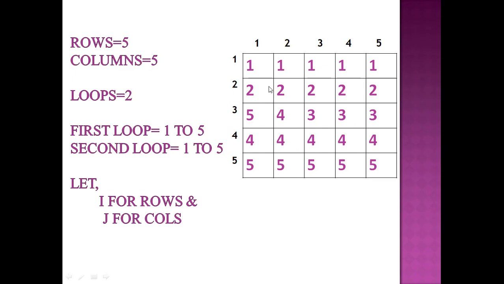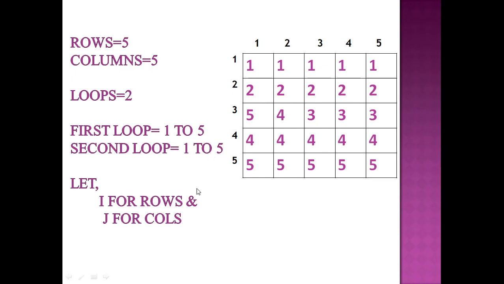Here there are also 5 rows and 5 columns. Similarly, loops will be 2 and it will be a nested loop, that is a loop within a loop. So you will see that we will use 2 loops, the first loop starting from 1 to 5 and the second loop also from 1 to 5.